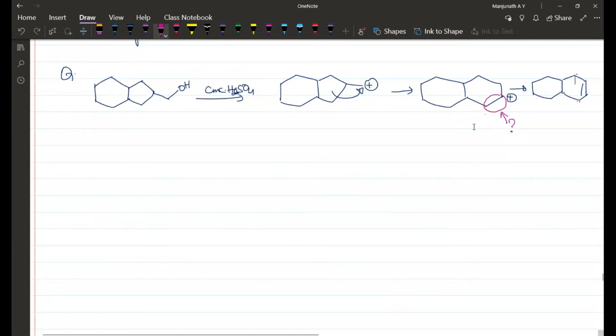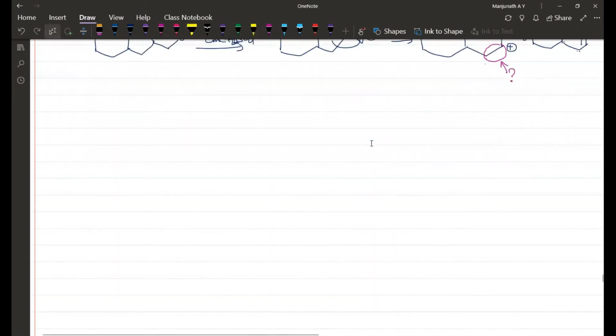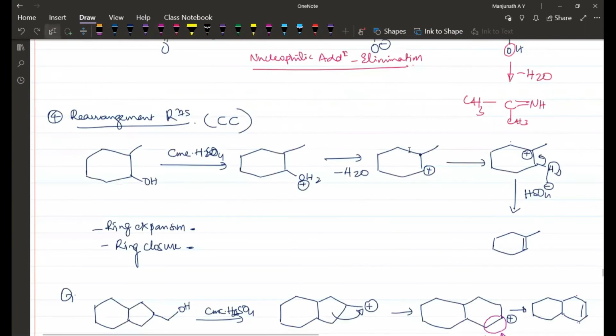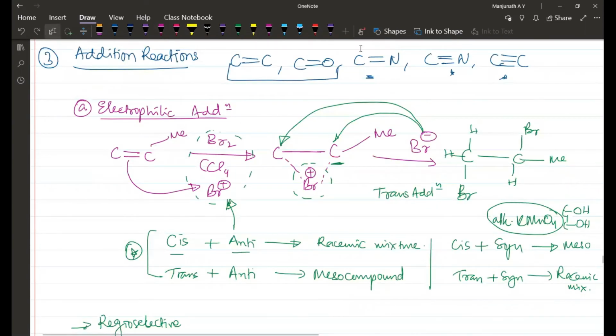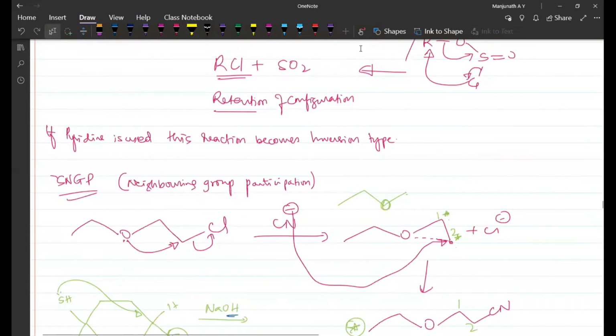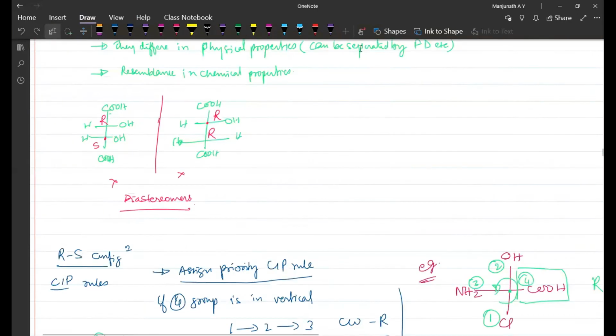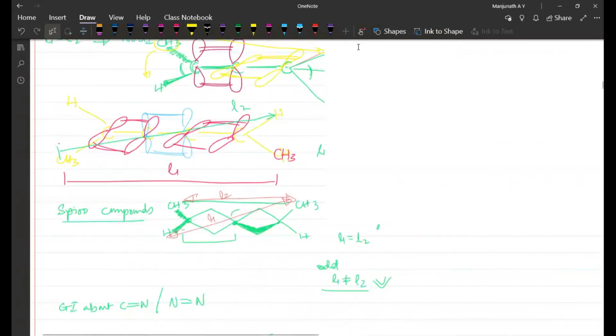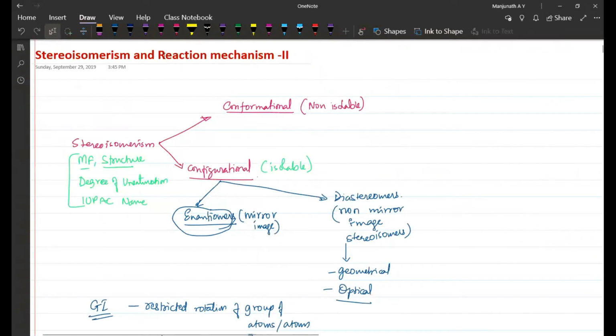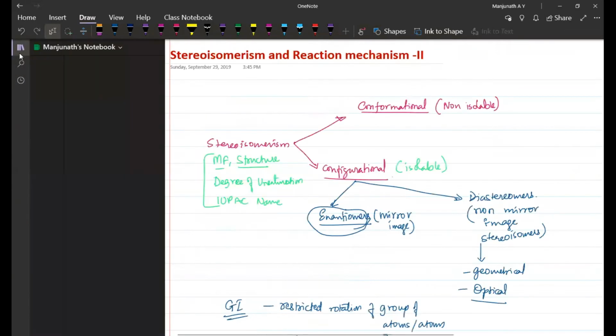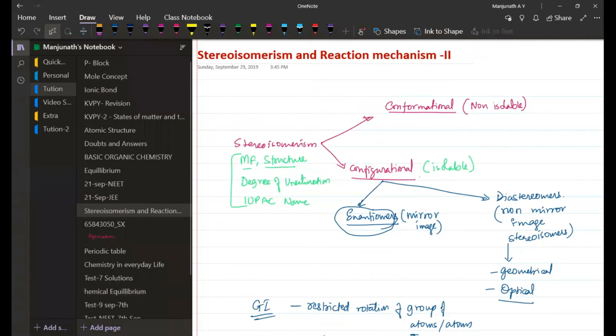Anyway, this completes our discussion on reaction mechanism. From now onwards, I will take up haloalkanes and haloarenes. Let me add a page, because our heading of stereoisomerism and reaction mechanism gets over here.